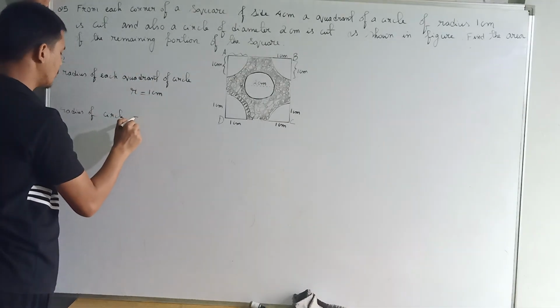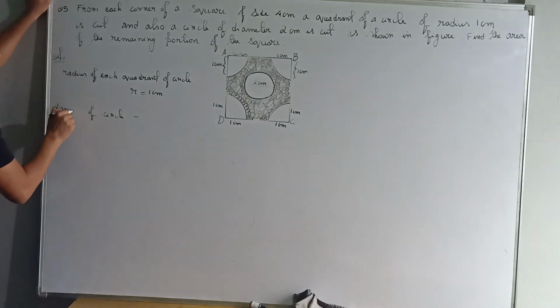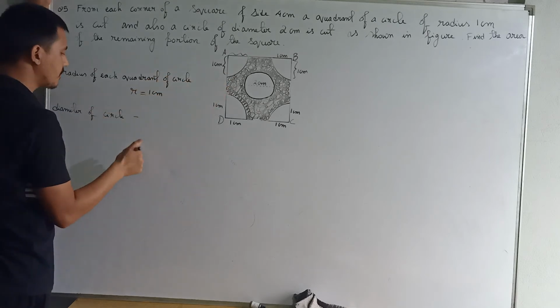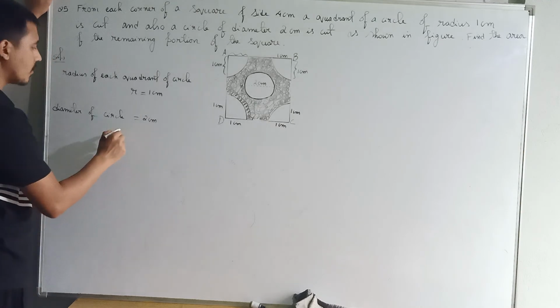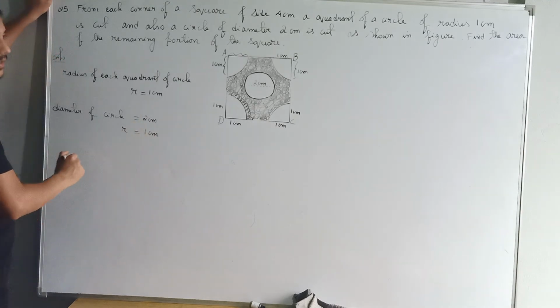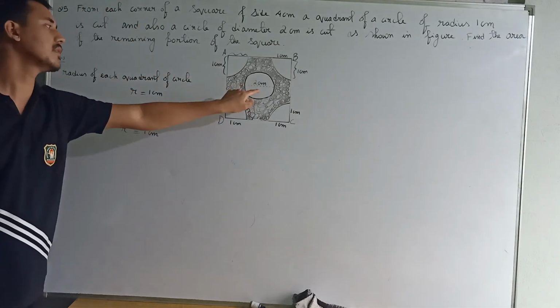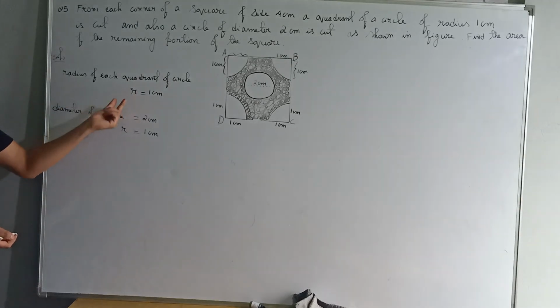Half of the diameter is the radius, so the radius will be only 1 centimeter. That means the quadrants and the circle all have the same radius, so I've denoted it by small r.